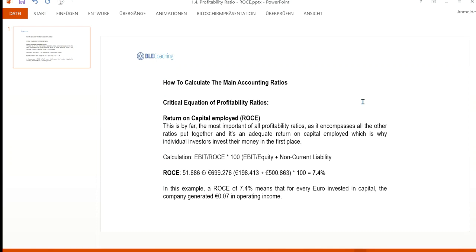With this result, what it means is that a return on capital of 7.4% means that for every euro invested in capital, the company generated 7 cents in operating income.